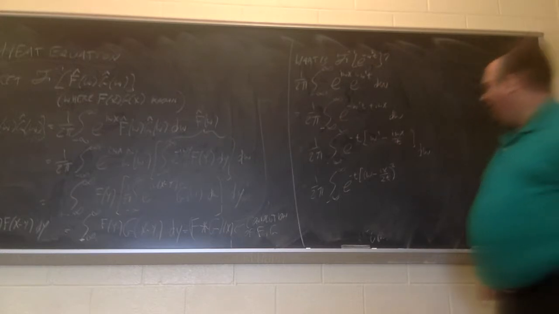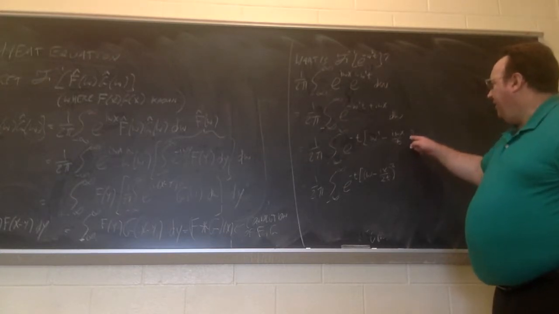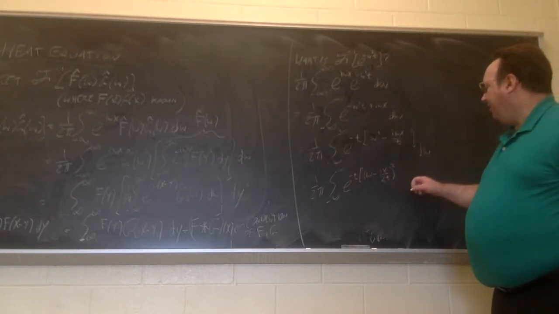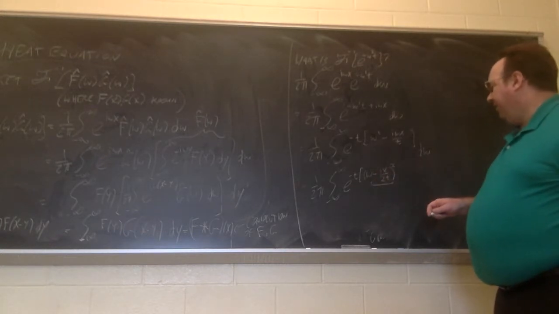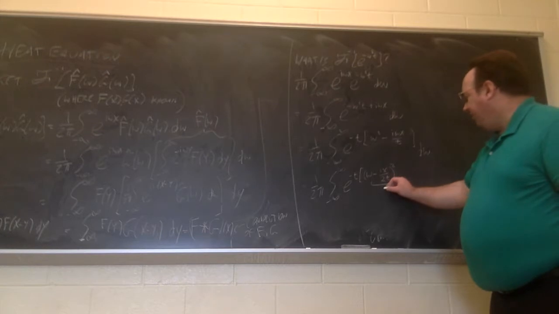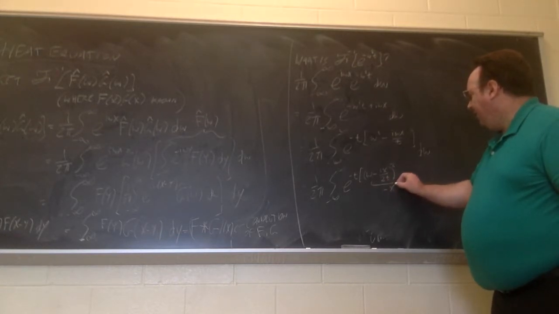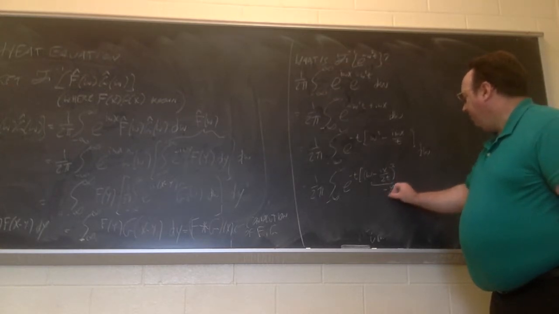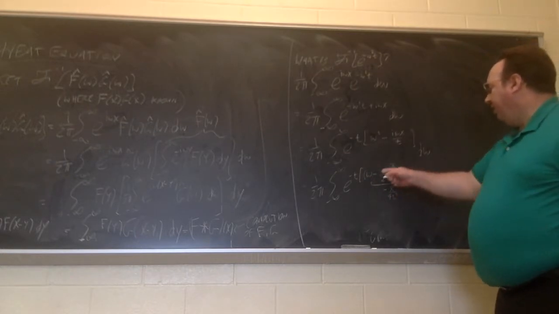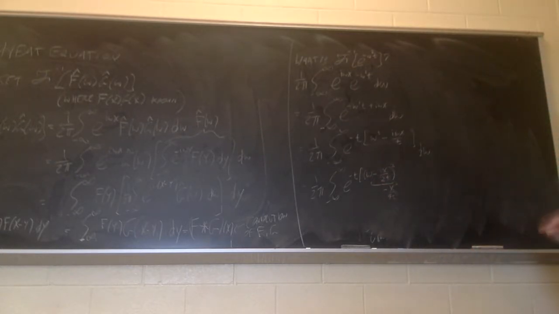So then I have no constant term out here, so I have to square this term here, which is going to give me minus x squared over 4t squared, because minus i squared is minus 1.